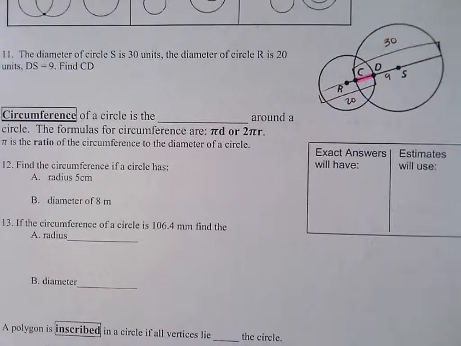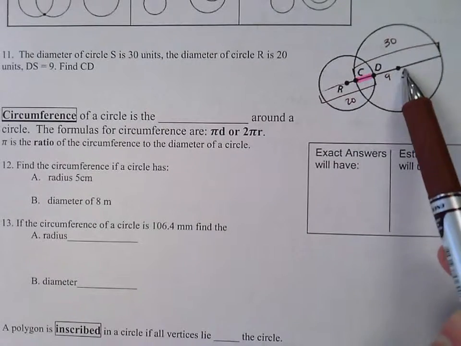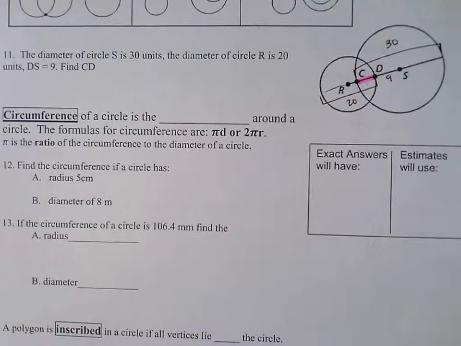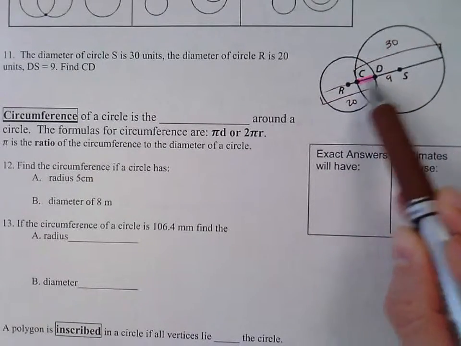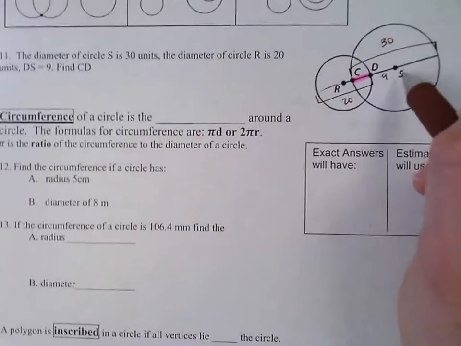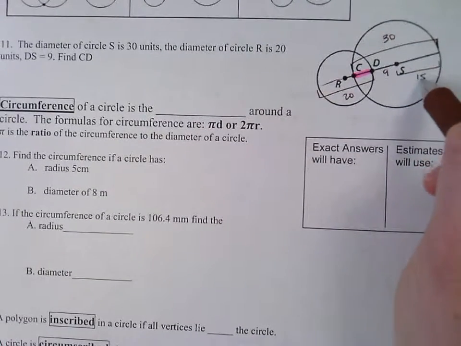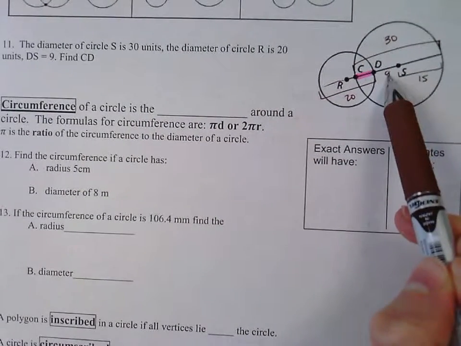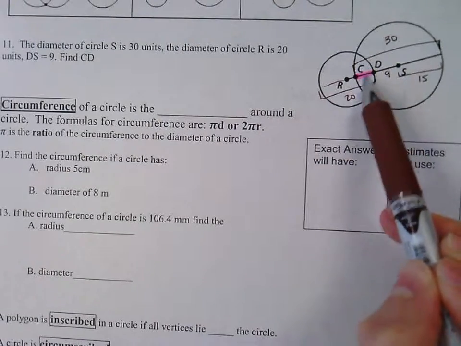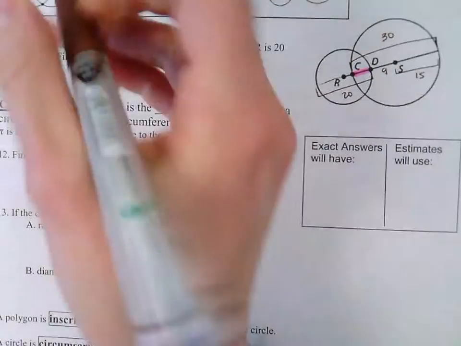Well, the radius is half that, so CS is 15. Add 9 is 24, so the leftover portion is 6. Okay, so you did CS, this radius, 15, and then plus 9 is 24, plus whatever this is has to equal 30. That means CD would be 6.